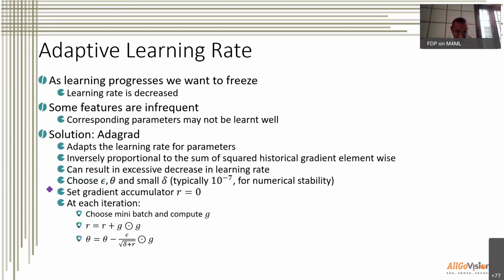The problem in deep learning comes because, as we are aware, some features in our problems may be infrequent and do not occur so frequently. Let's say you are learning to translate from English to German.